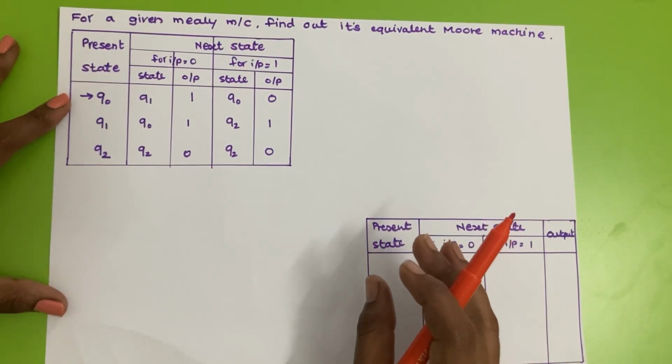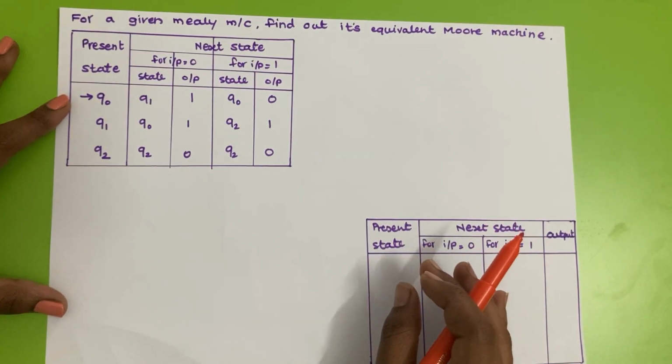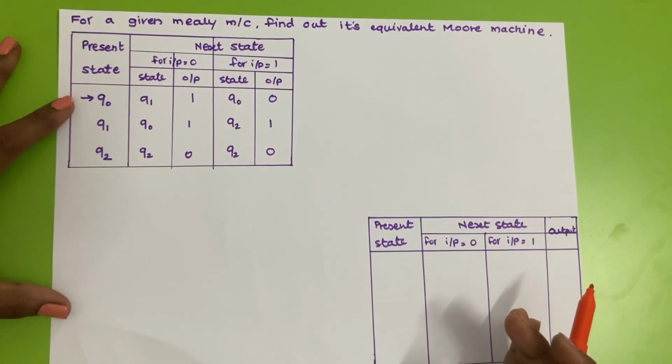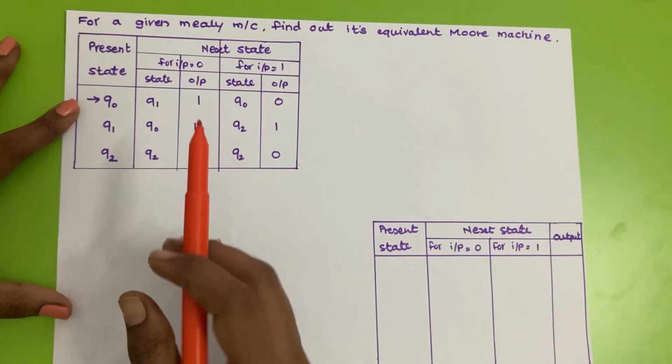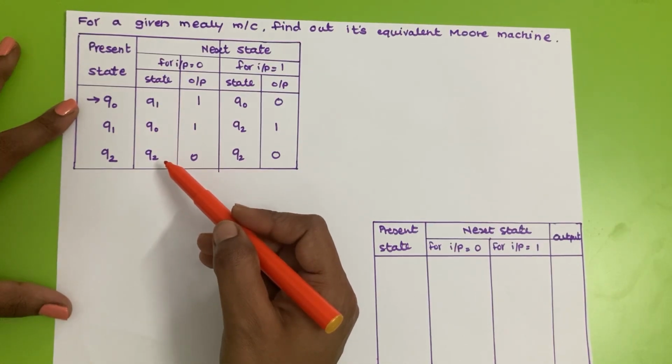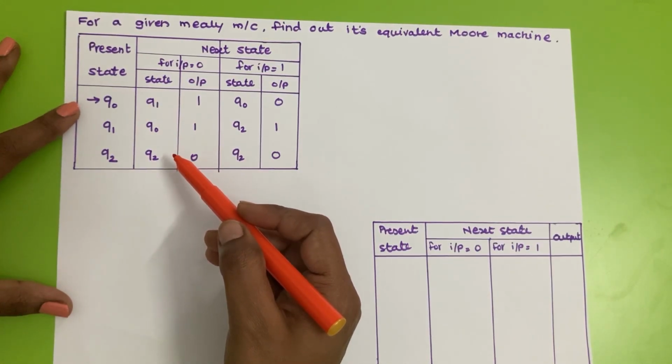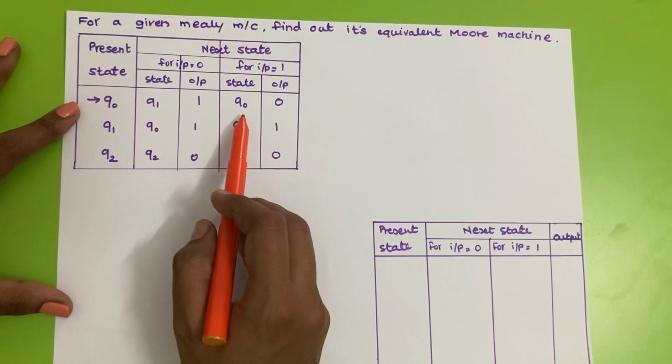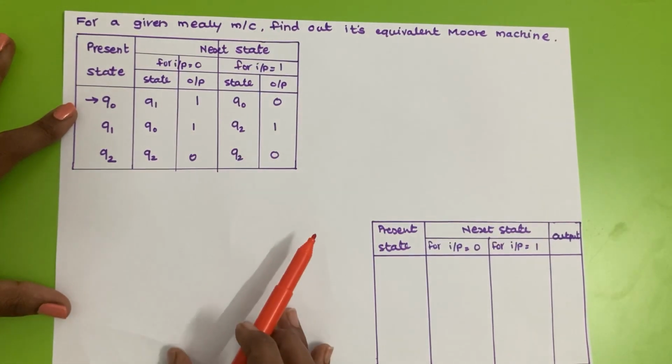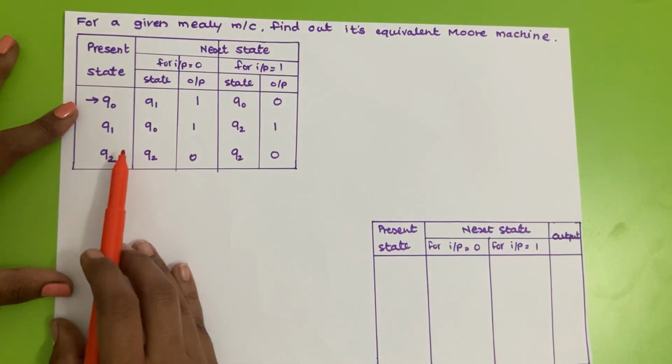Each state carries only one output symbol. That's why, if we compare with the Mealy machine, for a single state we can have multiple output symbols. So for that purpose we will observe the table of the Mealy machine.